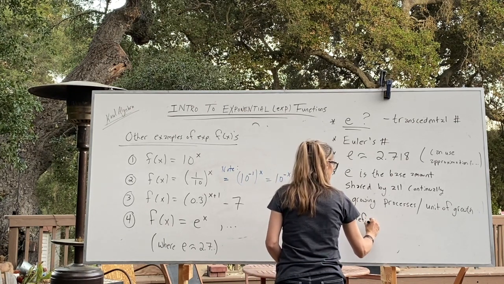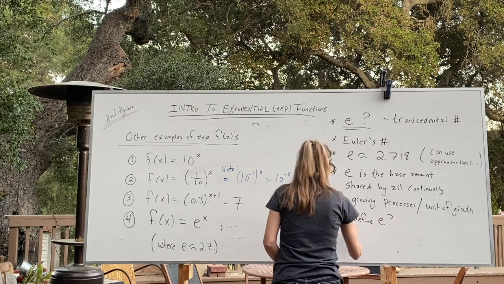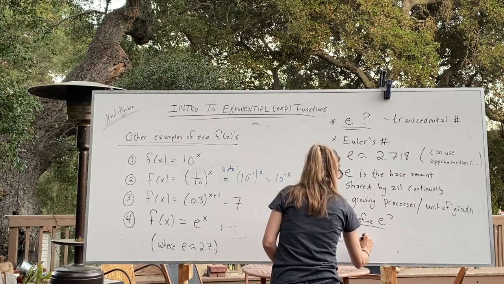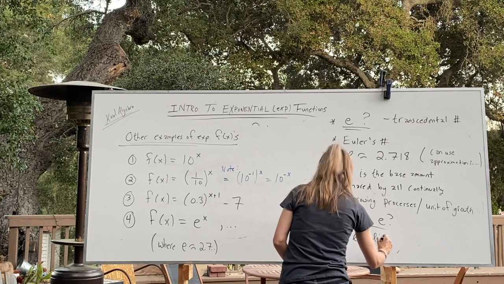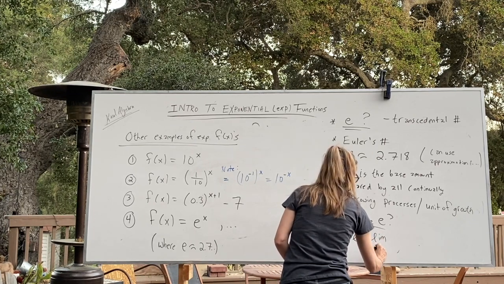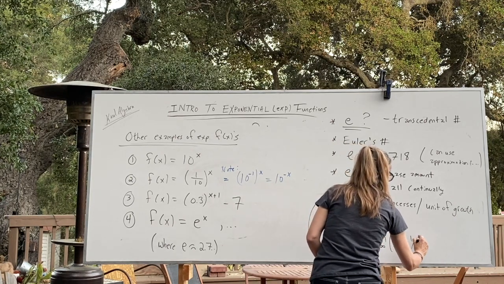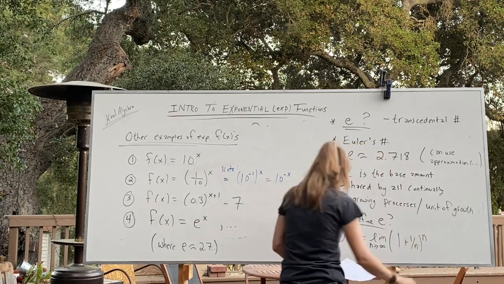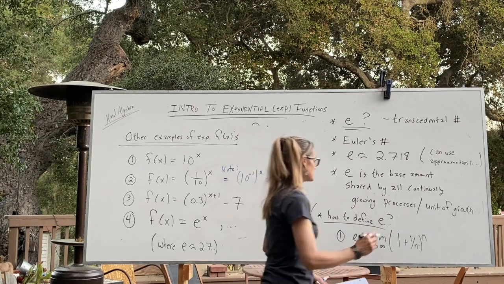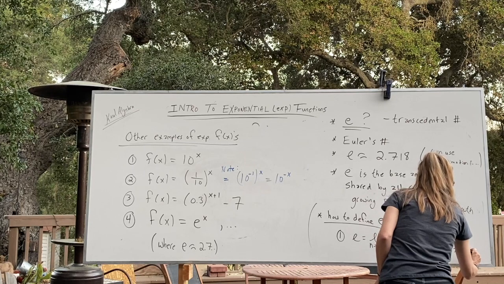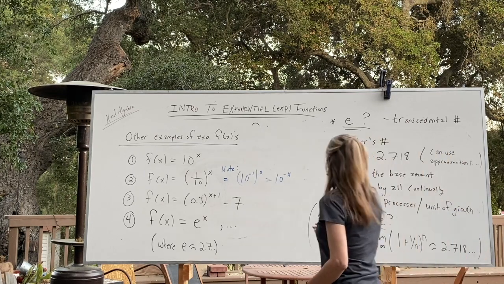Where do we get this number? Oh, there's several ways. You're not responsible for knowing this, but one is a limit value. The limit as n goes to infinity of 1 plus 1 over n, to the n, will give you an approximation for e, and this is approximately 2.718.